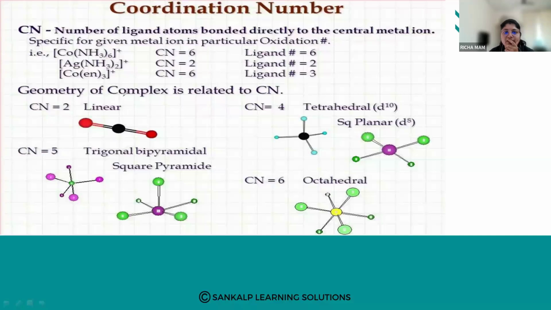Now, if you have a coordination number of two, you will have a linear molecule, with the metal in the center and two ligands. The example we have seen is [Ag(CN)2]-, which is a linear molecule.